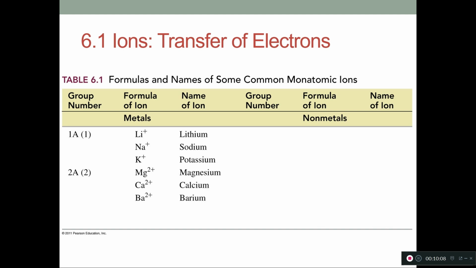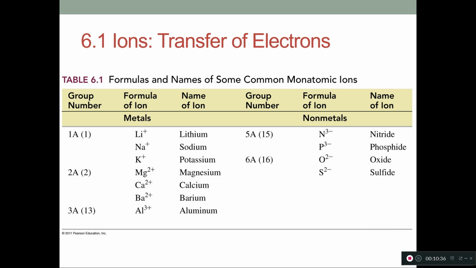With the group 2, they're going to try and gain a +2 charge. With the group 3, it's going to be a +3 charge. Then we skip over that group 4, which, like I said, I always call kind of the wild card one, to group 5. That's going to gain a -3 charge now. Then group 6 is a -2 charge. Then group 7 is a -1 charge.